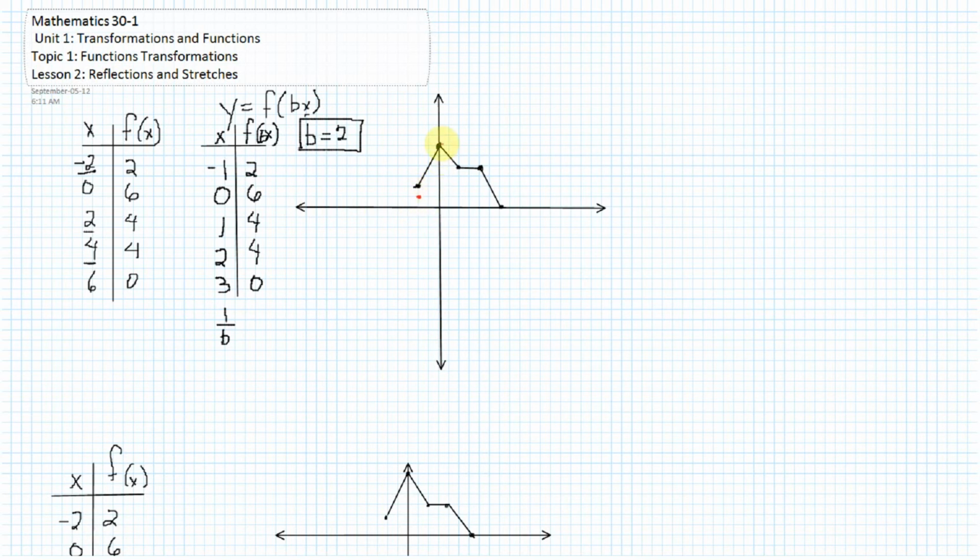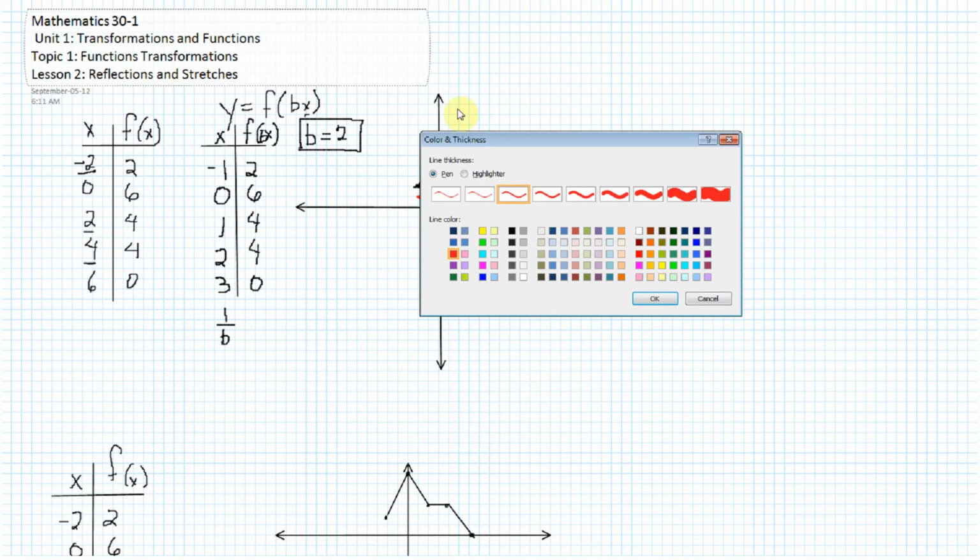We have 0 producing the output of 6. And again, you can see we have that invariant point. We have 1 producing our output of 4, and we have 2 producing the output of 4. And then we have 3 producing our output of 0. Okay, so my line is red here.